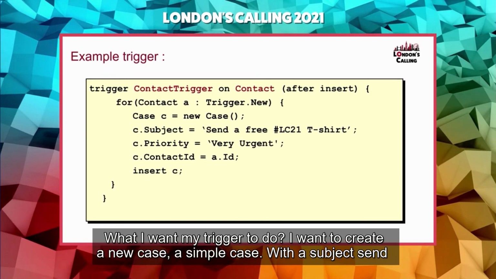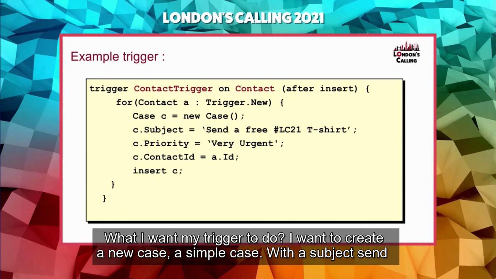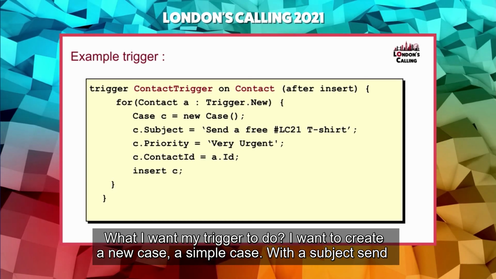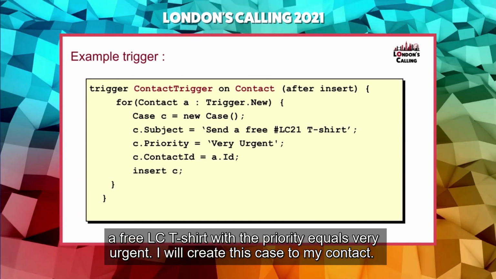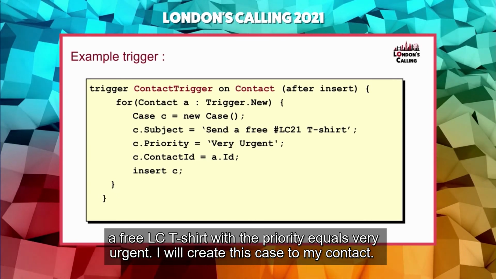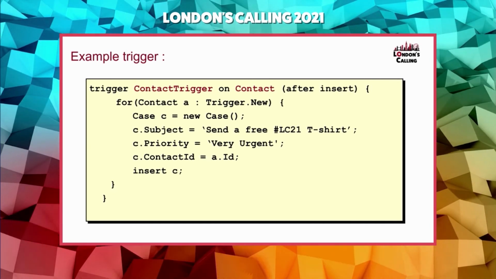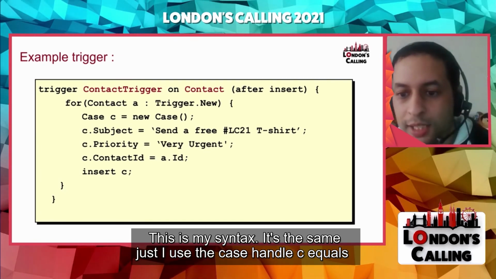What I want my trigger to do is create a new case, a simple case, with the subject send a free London calling t-shirt and a priority of very urgent. And I will associate this case to my contact. So this is my syntax.